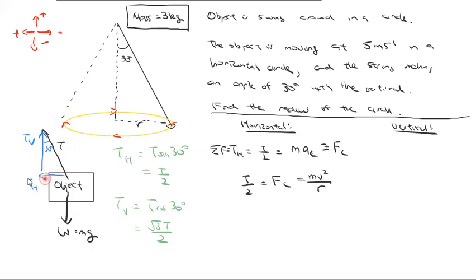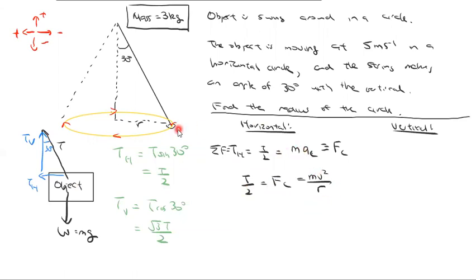That's only the horizontal component, which we've already worked out to be T over 2 using T sine 30. So what we're really doing here is summing up things horizontally, and that's the sum of the horizontal forces. That's the net force. So that's the net force, and this is the result of the net force.